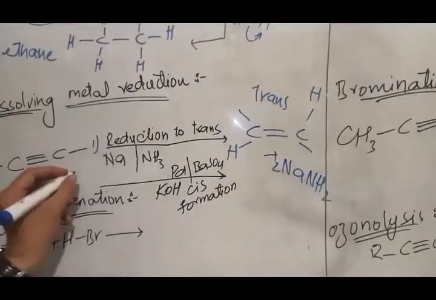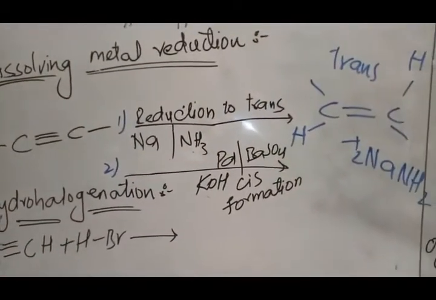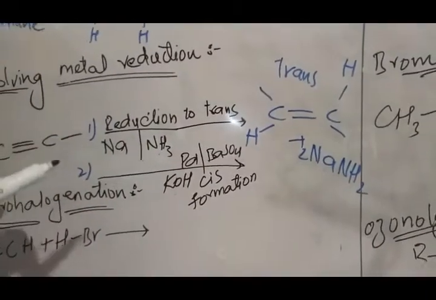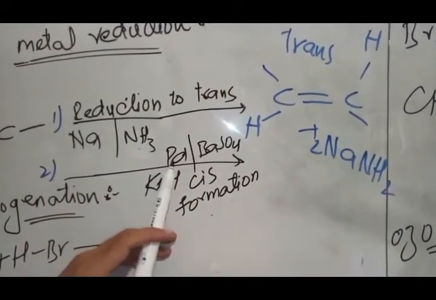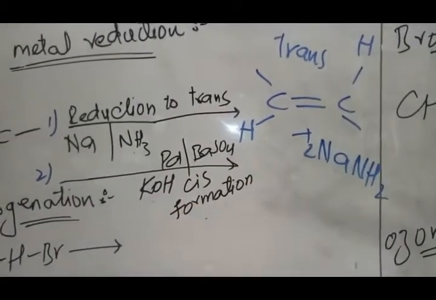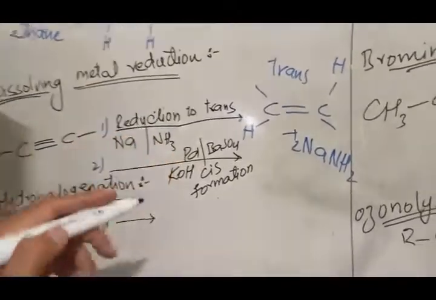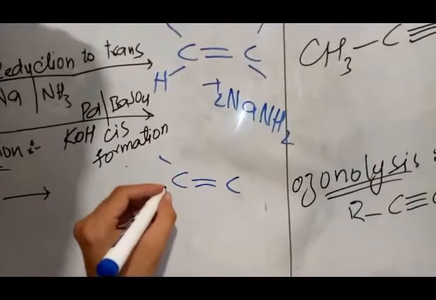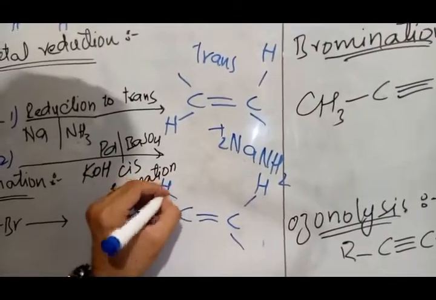Dear students, the other type of reduction is for cis. As for trans, we have taken sodium in liquid ammonia, and if we want cis formation, we will take Pd, palladium, and BaSO4, barium sulfate. If we reduce these alkynes in the presence of these reagents, we will get the product as C double bond C, and the coming hydrogens will be on one side.